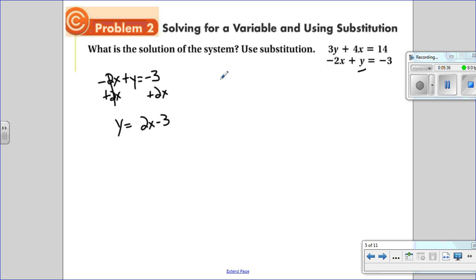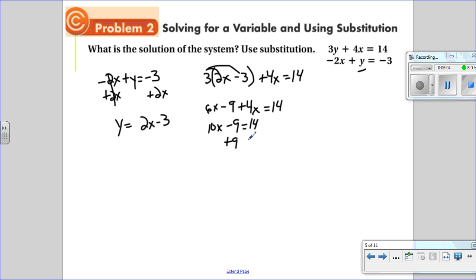So now we can replace that y up here with 2x minus 3 plus 4x, we keep whatever's left, equals 14. Distribute: 6x minus 9 plus 4x equals 14. 6x plus 4x is 10x.